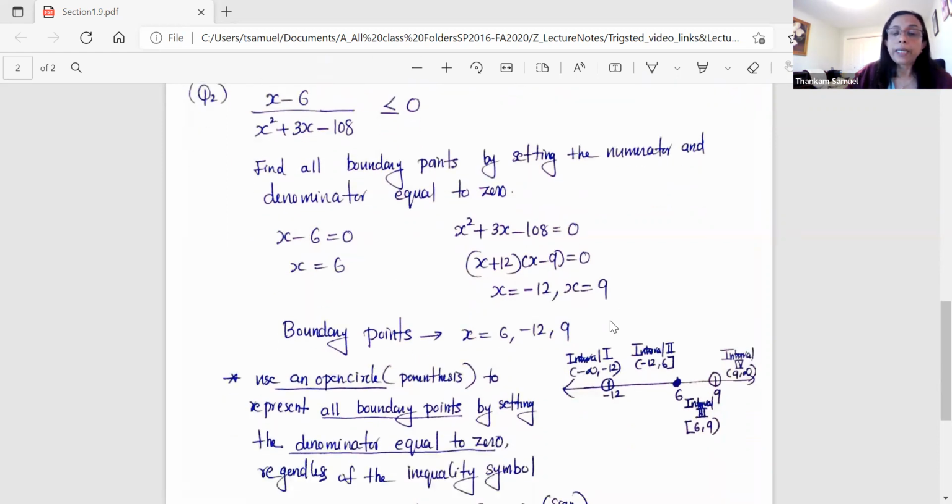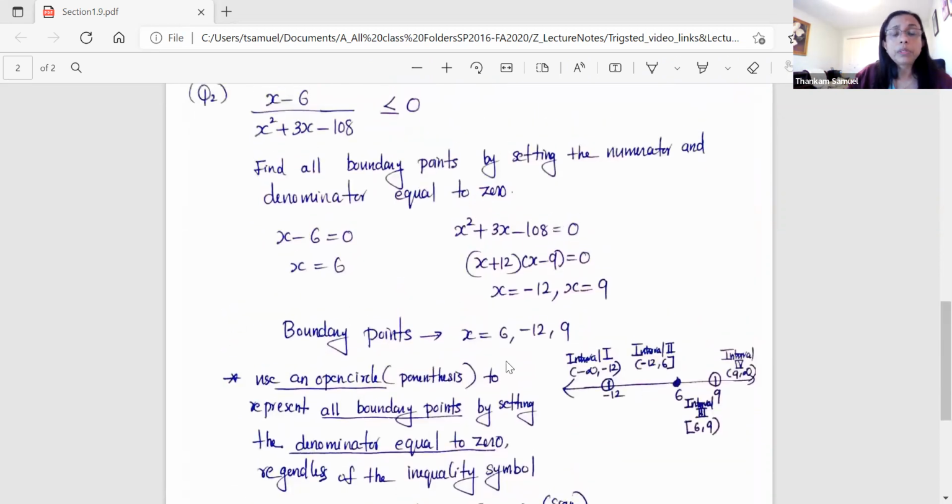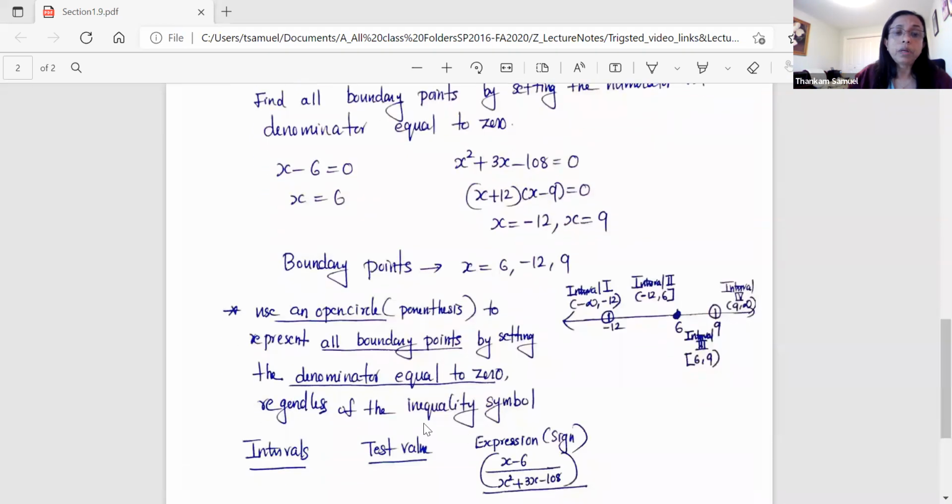Before setting up the intervals, I would like to mention one important point. You can see that this inequality contains an equal sign. In the case of a rational inequality, we use an open circle, or when we write in interval notation, we use parentheses to represent all boundary points found by setting the denominator equal to 0.